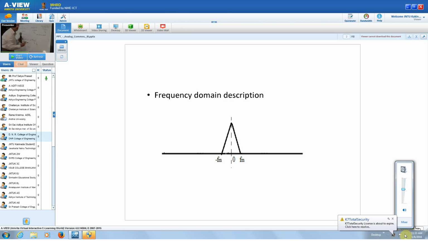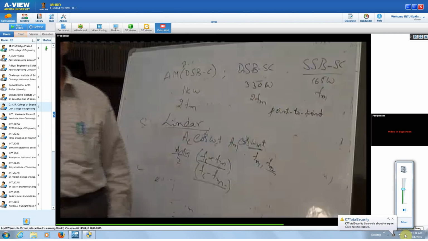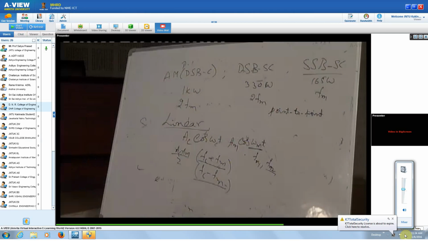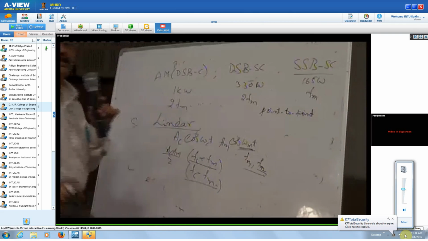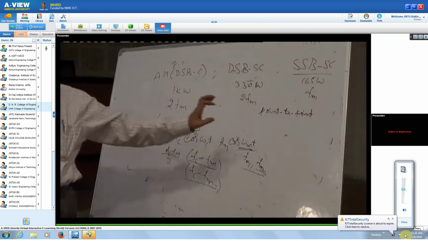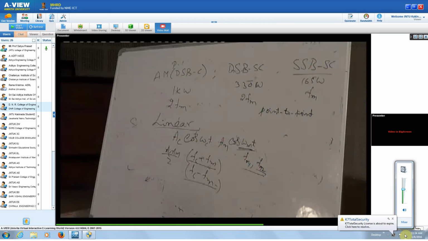Whereas if you have two frequency components in the baseband signal, we get four spectral lines. Similarly, if you have four in the input baseband signal, we get 8 spectral lines. Therefore, we have a linear combination between the number of spectral lines in the baseband signal and the output spectral lines. That's why I call this a linear modulation.